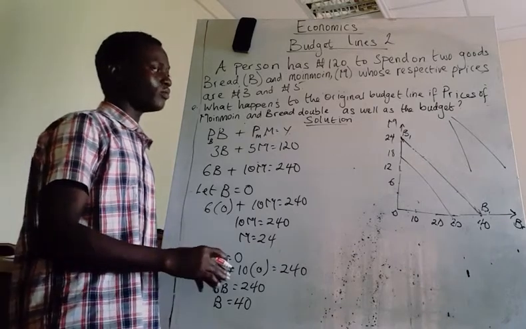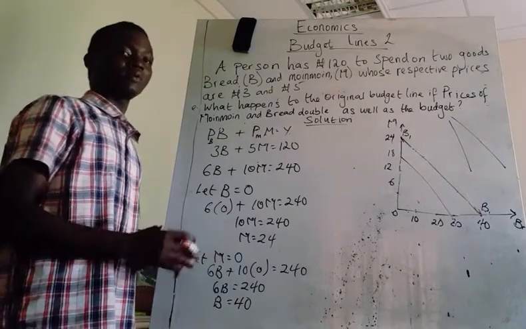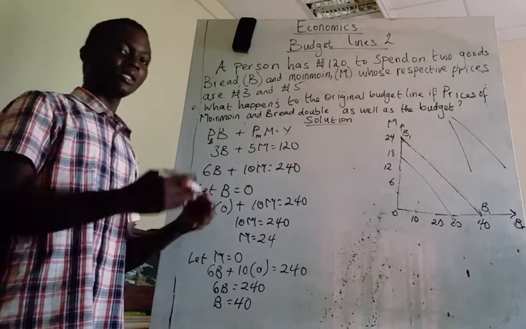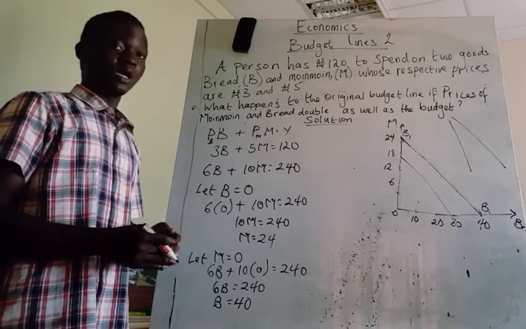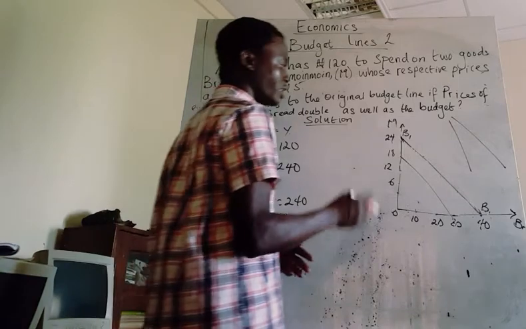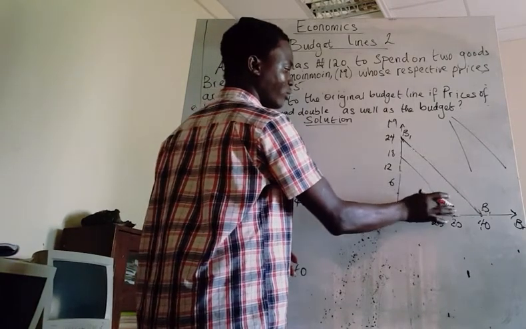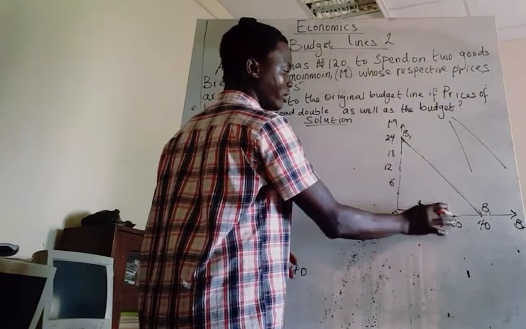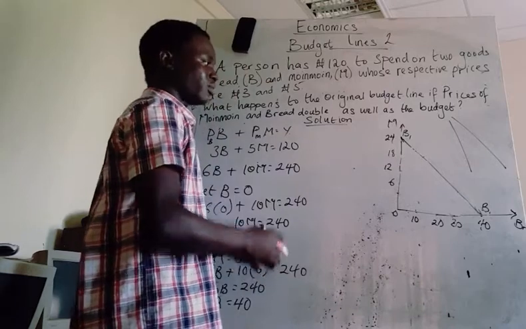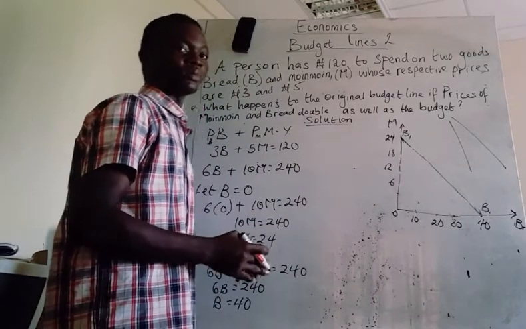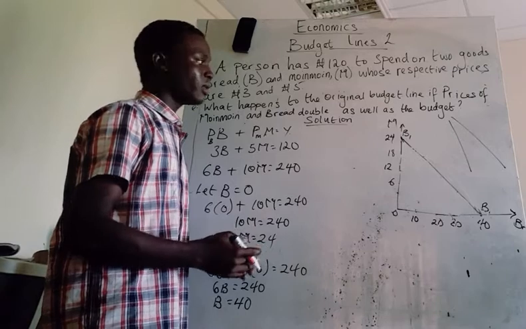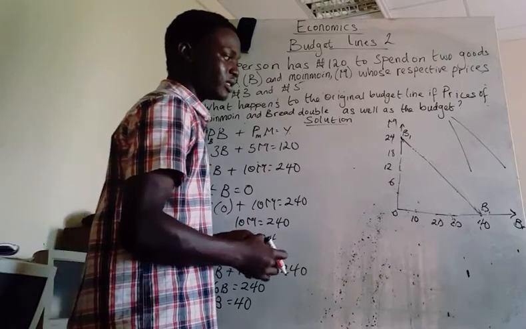We need to note what happens if there is a change in income as well as a change in the price of one of the commodities. We'll have a shift of the budget line with a different slope. Let's assume theoretically that there is a fall in income as well as an increase in the price of bread.